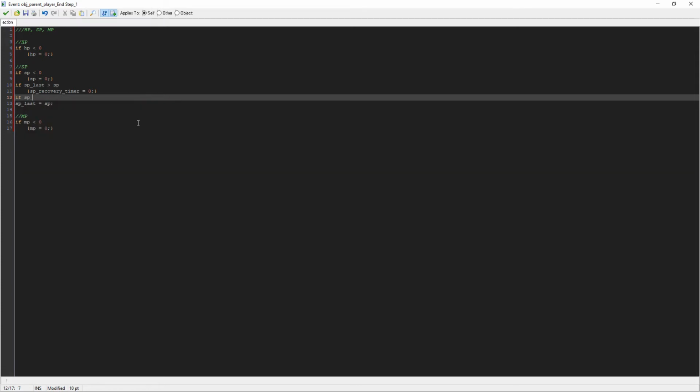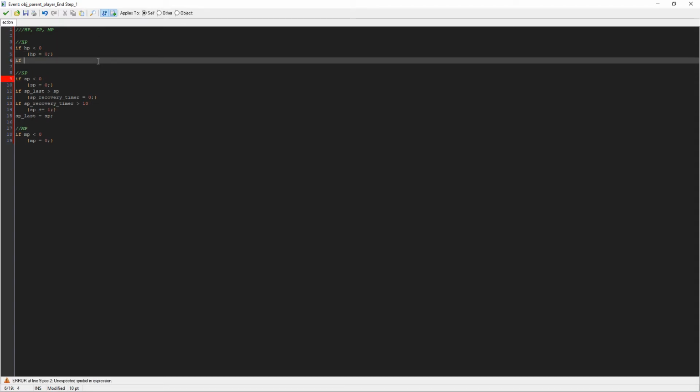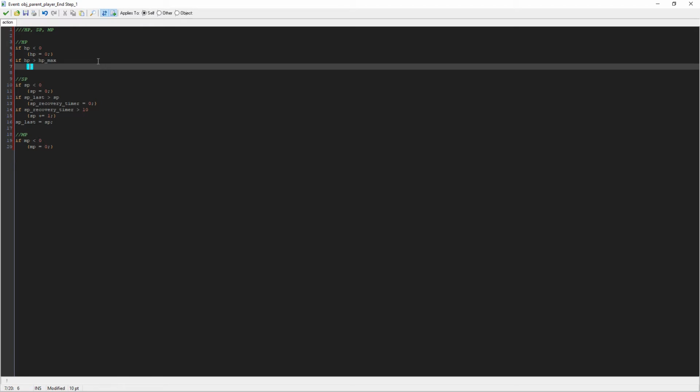If SP recovery timer is larger than, I don't know, 10, so a third of a second, then SP plus equals 1. Oh, you know what? If HP is larger than HP max, then HP equals HP max.